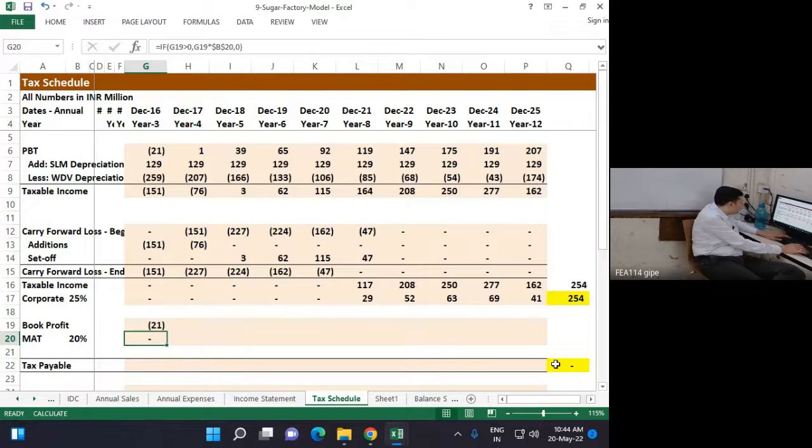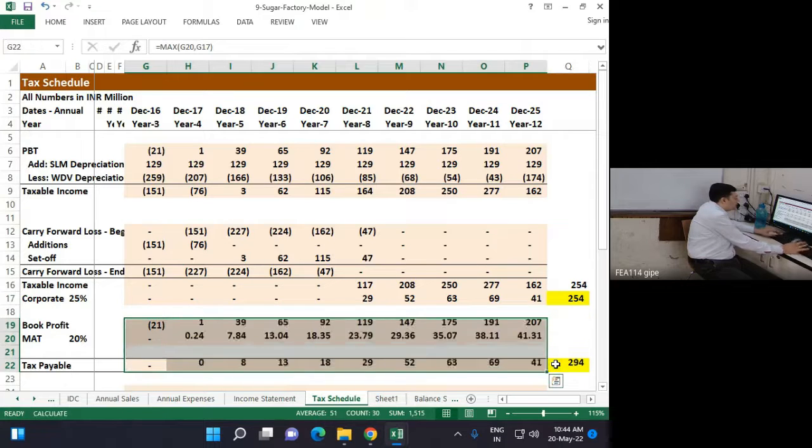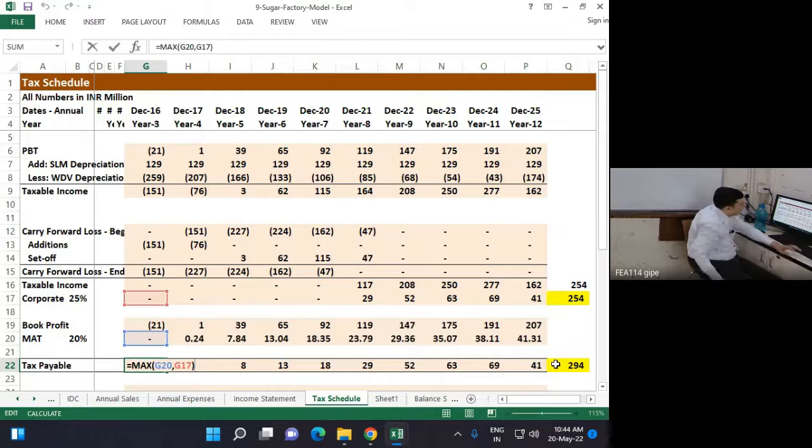So for the MAT, you put the if condition if there is a profit, then profit into 20%. And as per the rule, you calculate tax as per both methods, and the higher is what you will pay.